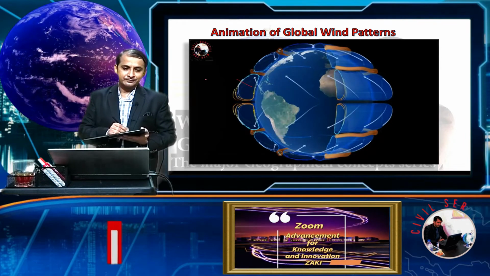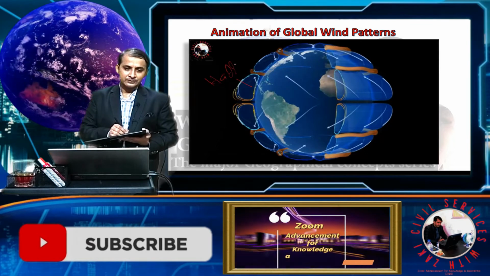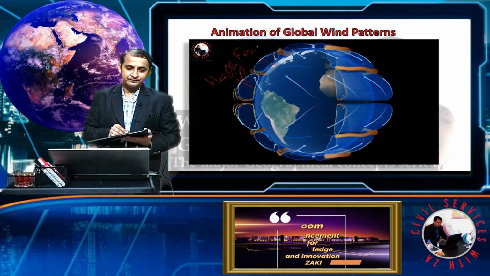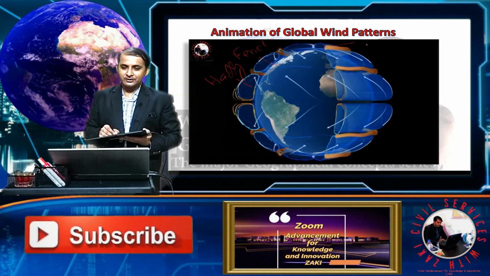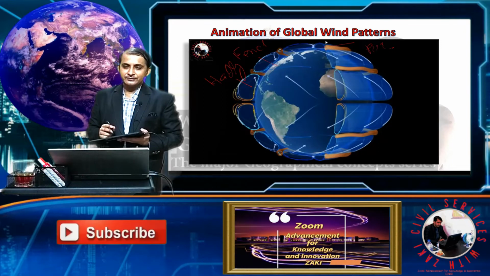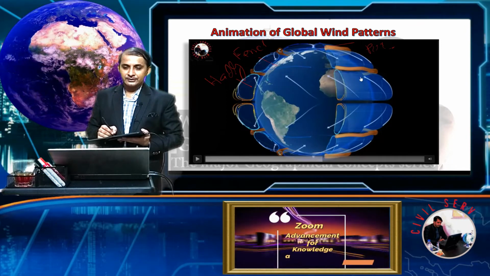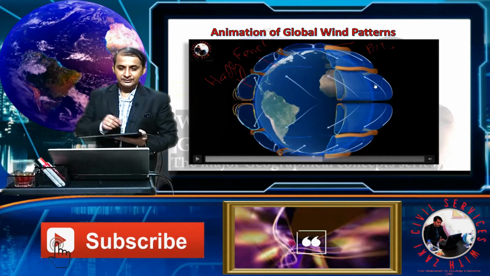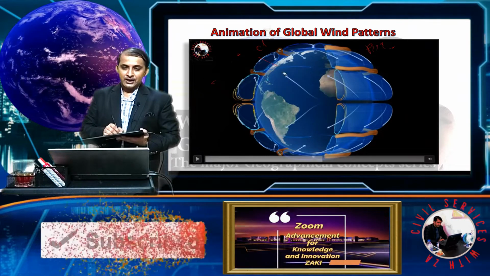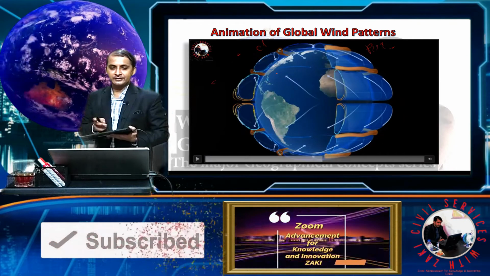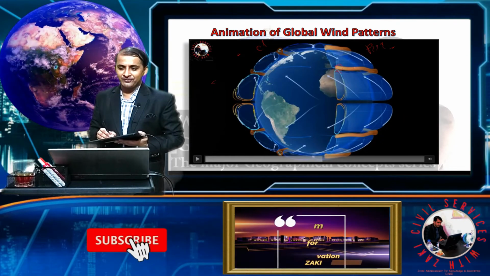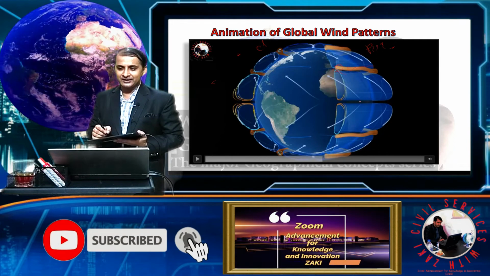It is the Hadley, it is the Ferrel, and it is the polar cell. These are the three cells. And you see here a tube-like structure, basically a wave-like structure.